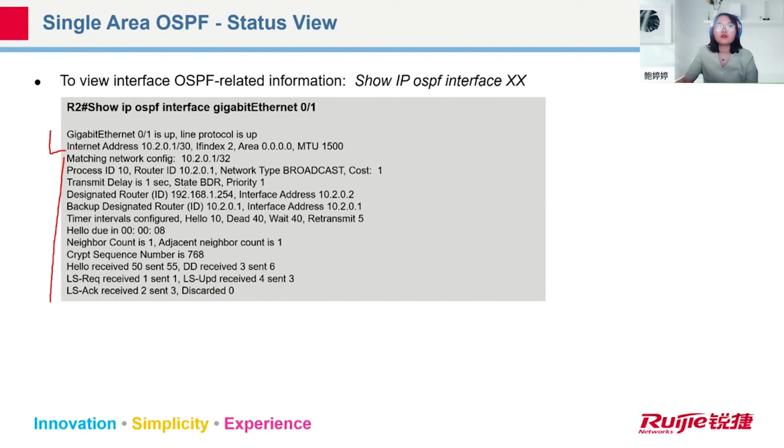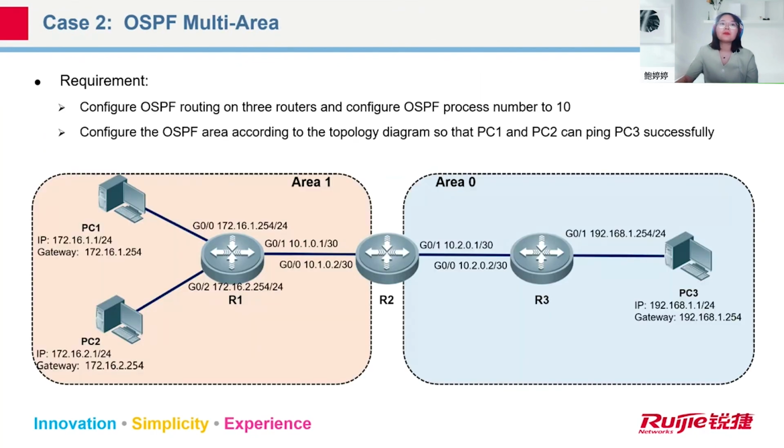You can see which process you use, the router ID, the network type, whether broadcast or P2P, the transmit delay, and how many hello packets you receive, something like this. So you can see the detailed OSPF message on the physical interface. And the default hello time is 10. The dead time is 40. A dead time of 40 means that if I don't receive hello packets for 40 seconds, I will directly delete the neighbor.